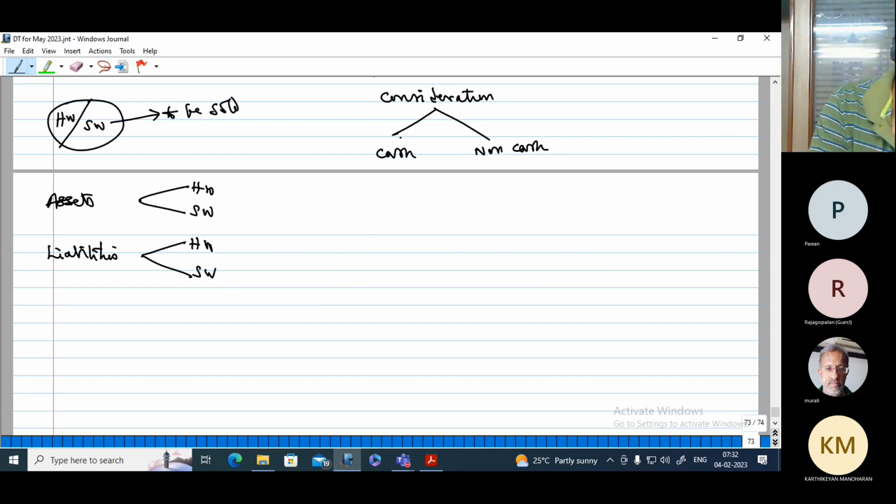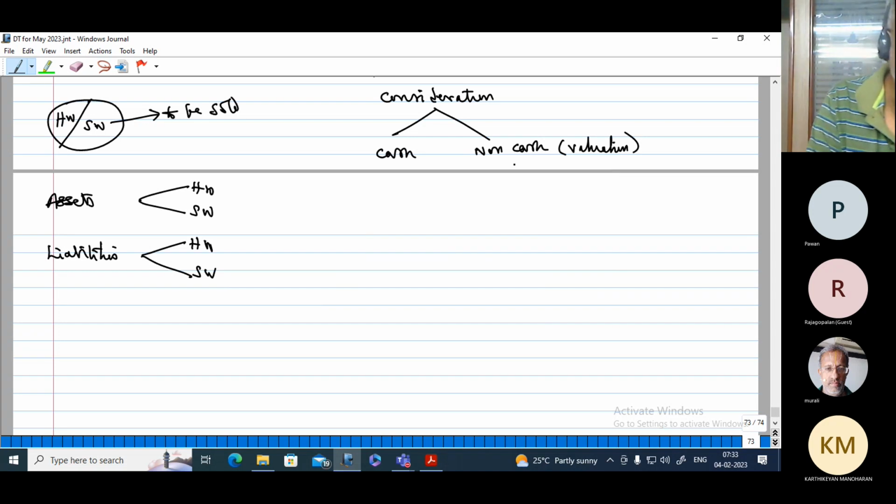When it is cash, there is no problem, but in the majority of cases it could be non-cash. So how do we evaluate? Now valuation is a problem. Correct? Valuation is going to be a problem.